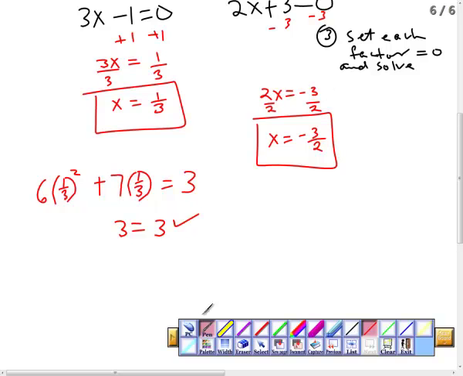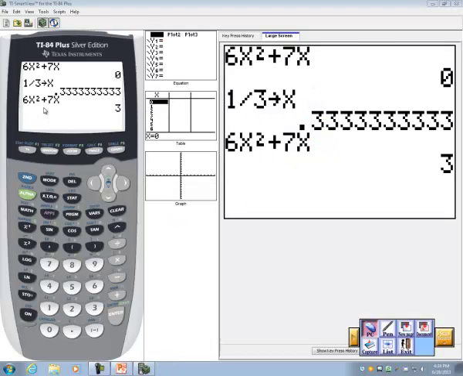So now if we go back to our calculator, and this time, we go to second and enter. And we do that again. And this time, we're going to put in a negative 3 over 2. Negative 3 over 2.